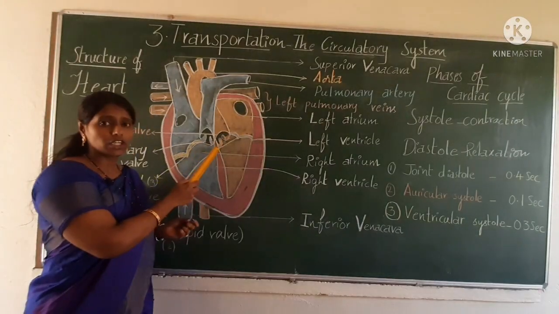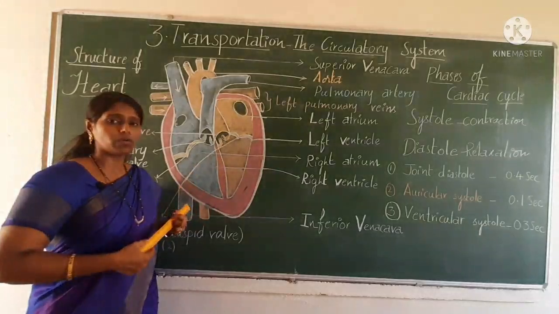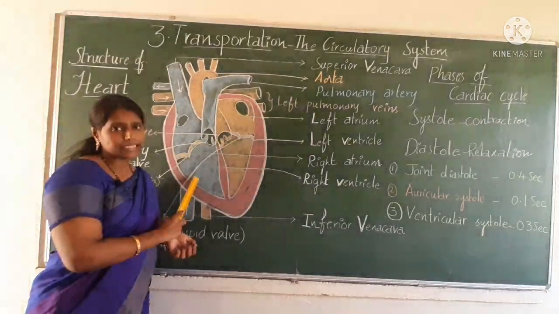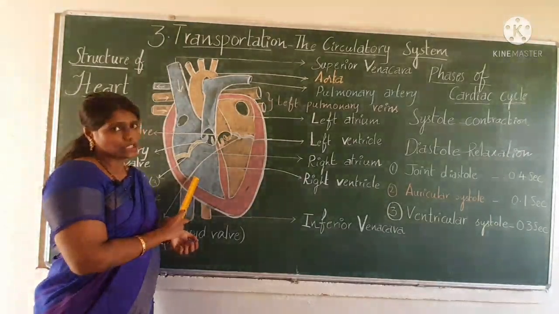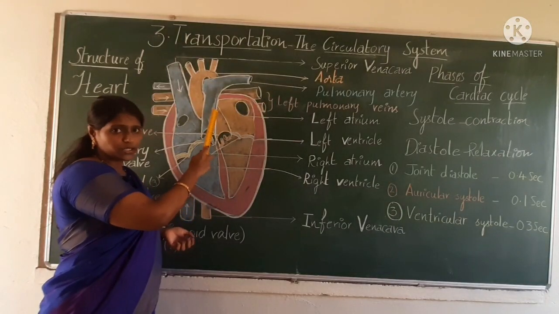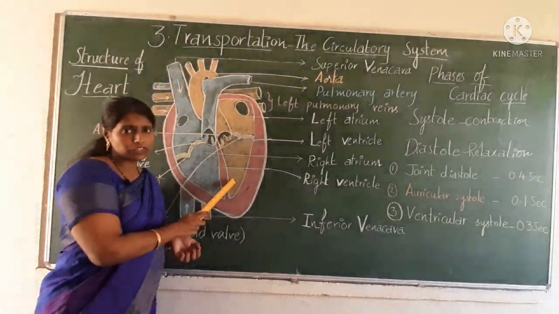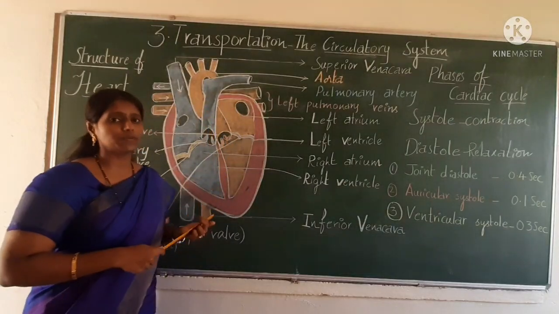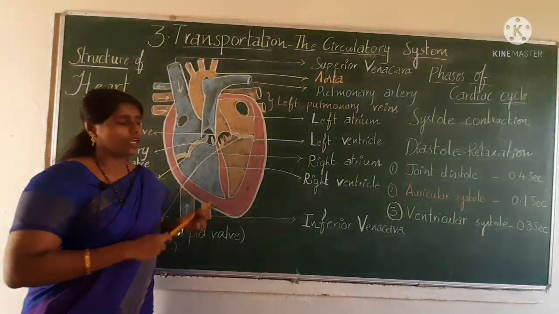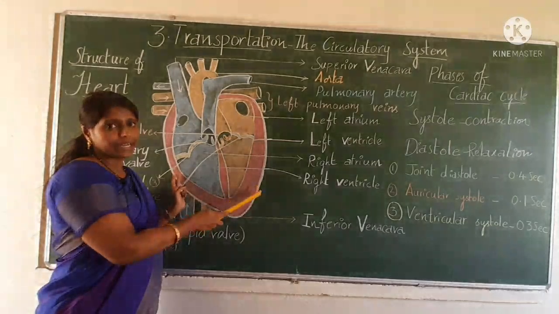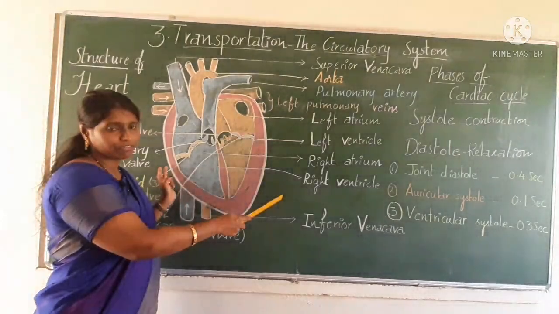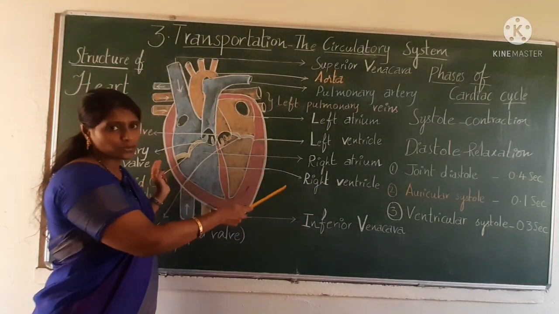The AV valves are closed. Where will the blood move now? The blood in the right ventricle moves into the pulmonary artery and the blood in the left ventricle moves into the systemic aorta. Now the ventricles will enter a diastole phase, or they start to relax.